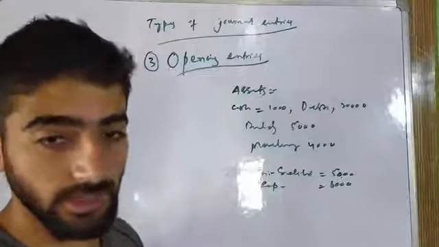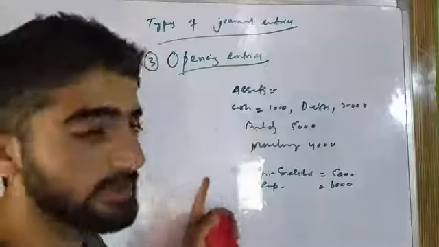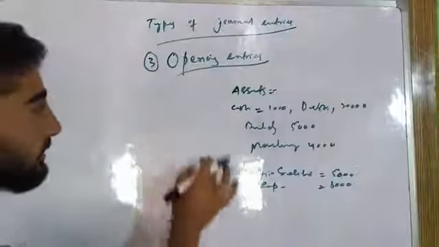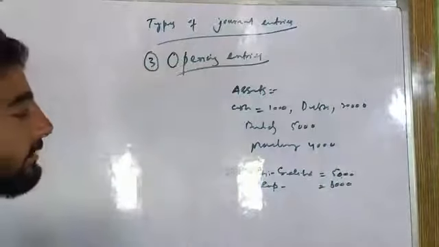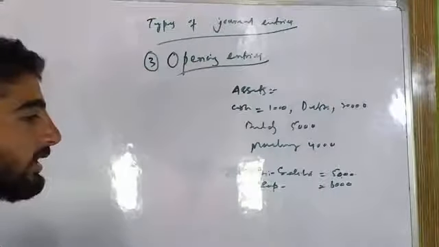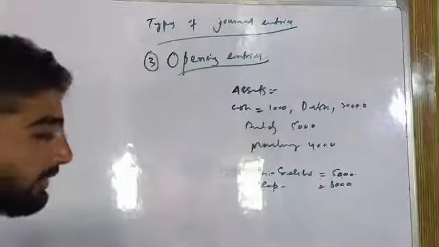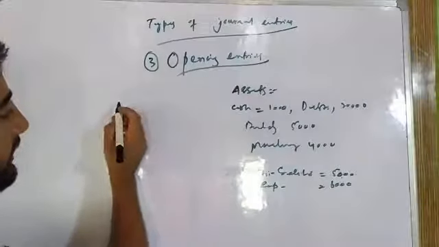Now, in the current year, we will have to carry forward these balances to this year. We carry forward these balances with the help of an opening entry. And in case of opening entry, as I already mentioned, we give debit to asset accounts.